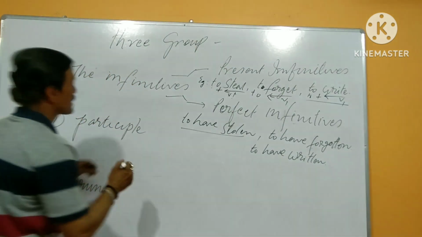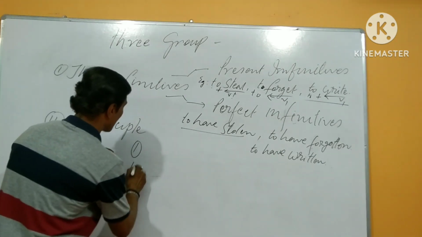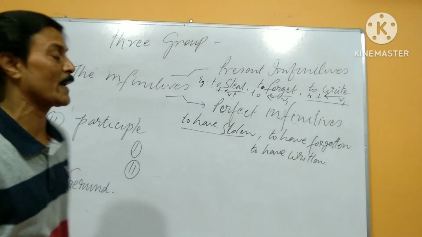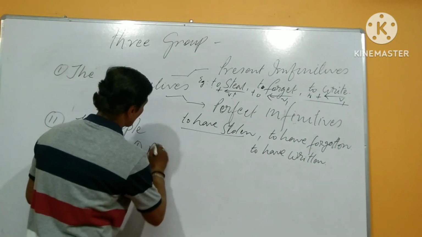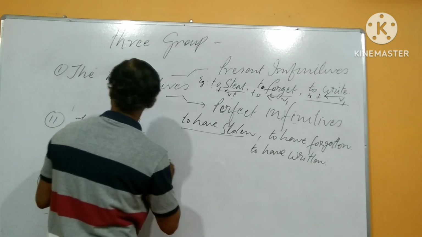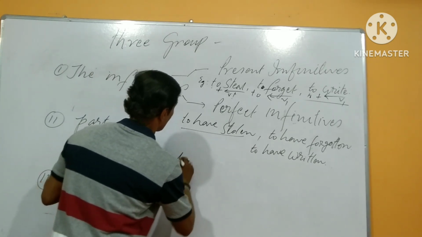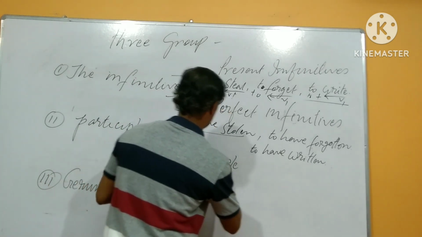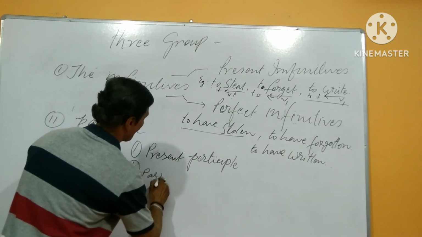Next one, participle. There are three kinds. At least two kinds I have noted here, and I will describe them broadly in the second video. So there are two kinds: first, present participle; number two, past participle.